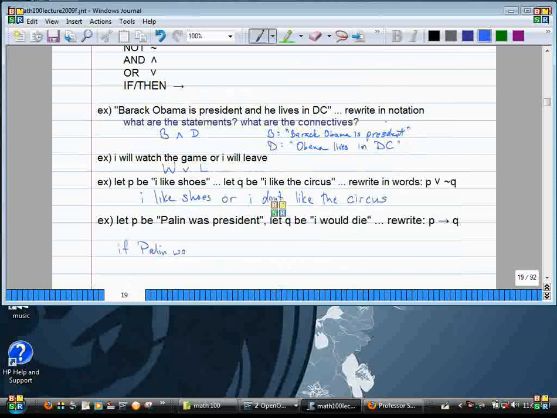So, if Palin was president, then I would die. Okay. So, in particular, notice how it's P arrow Q. That's the same as saying in words, if P, then Q. So there's, if you like, an implied if before the P, and then it's then Q. Does that make sense?